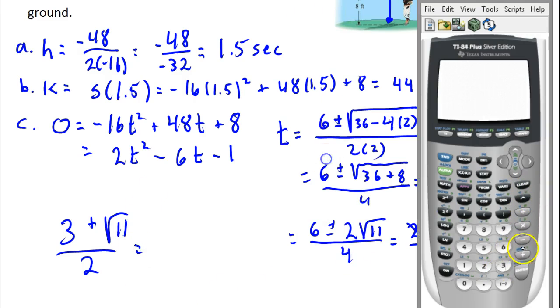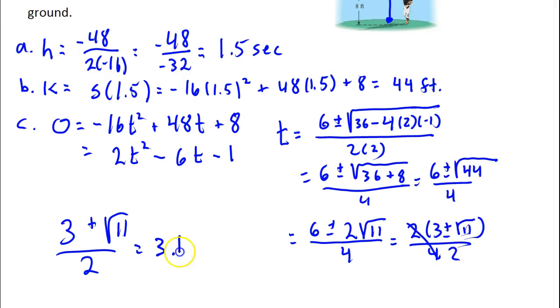And I'm going to go 3 plus the square root of 11. And we're going to divide that by 2. And we get 3.158 seconds. So we'll say 3.16 seconds it takes to hit the ground.